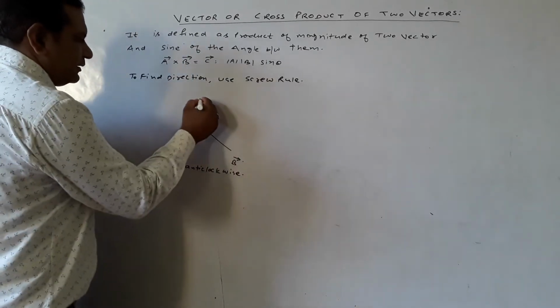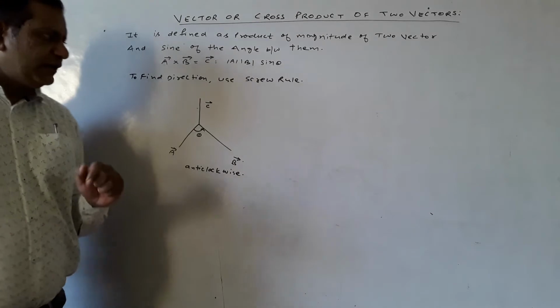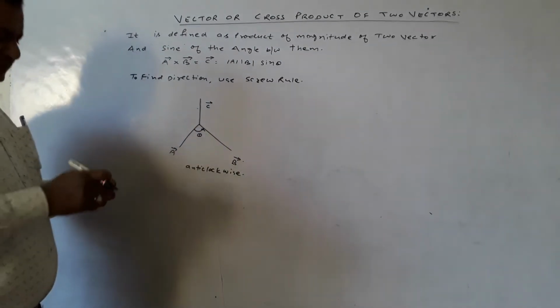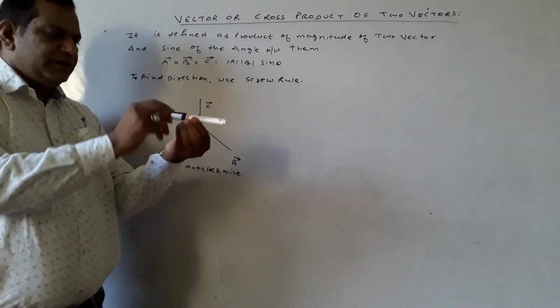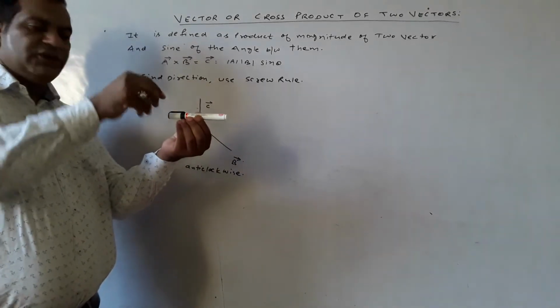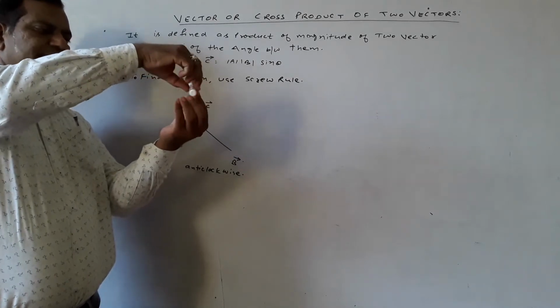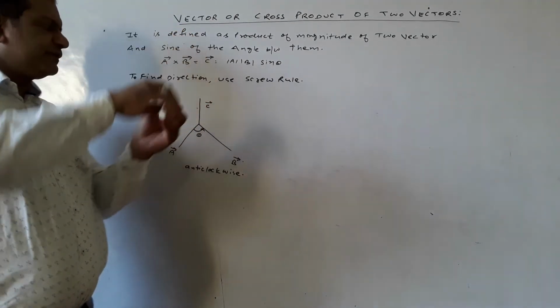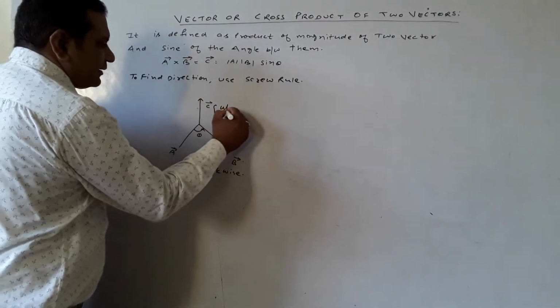Then it is the C vector. Now the direction of the C vector is according to the anti-clockwise rotation. We apply the screw rule. If the screw is rotating anti-clockwise, then it goes upward like this. So the direction will be upward.